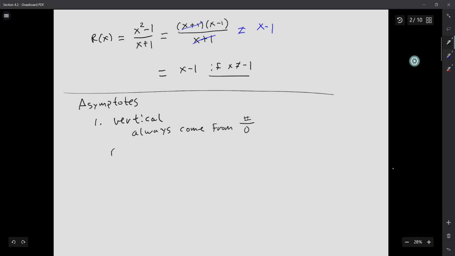So in my first example, when I used 1 over x, I see on the bottom here that x cannot be equal to 0, because if I let x be equal to 0, I'm going to have division by 0, which is bad. But when I have division by 0, that means I have a vertical asymptote when I graph it at x equal to 0. But we have some caution here. Vertical asymptotes can be deleted.